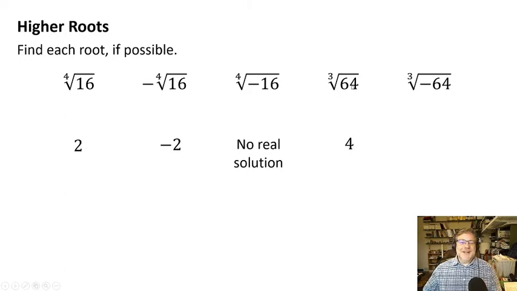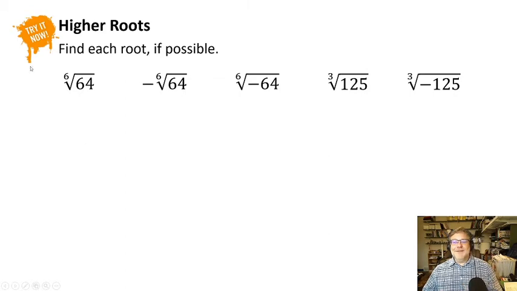So 64 is an interesting number in that it's a perfect square as well as a perfect cube. That's what makes it kind of a cool number. So the cube root of 64 is 4, and the cube root of -64 is -4. We can do that because the root here is odd. So take some time to do these as well for some additional practice.